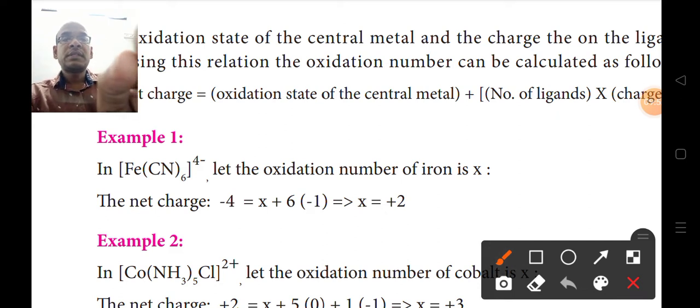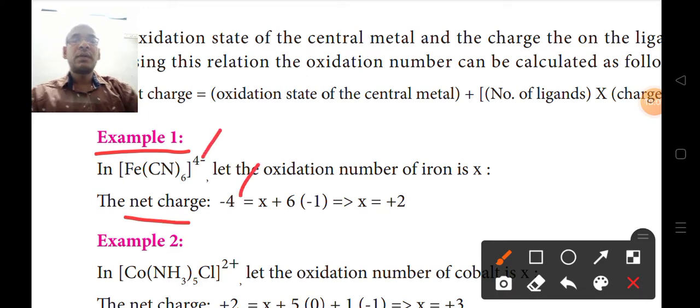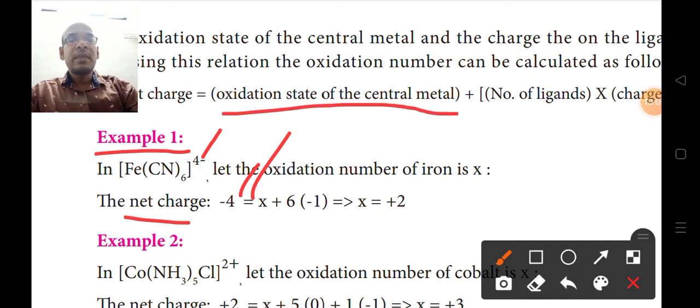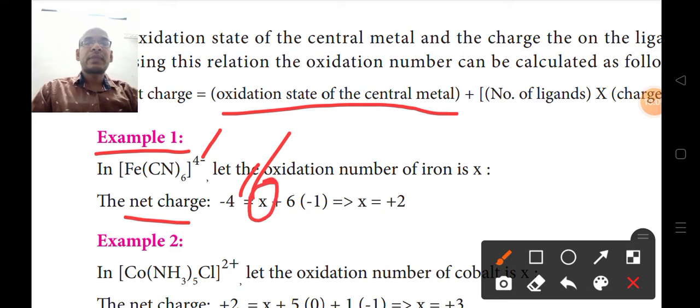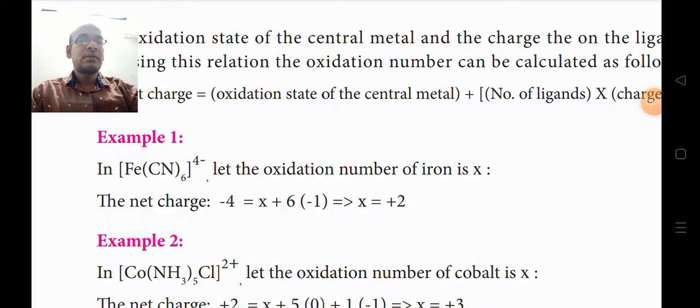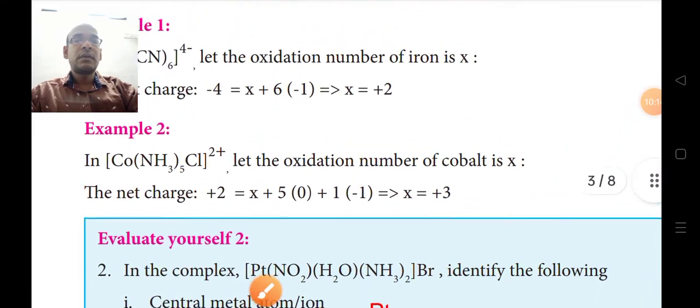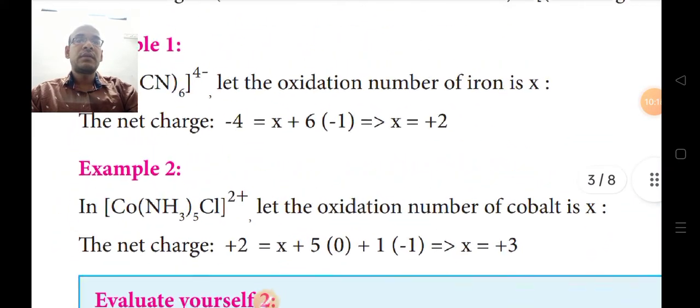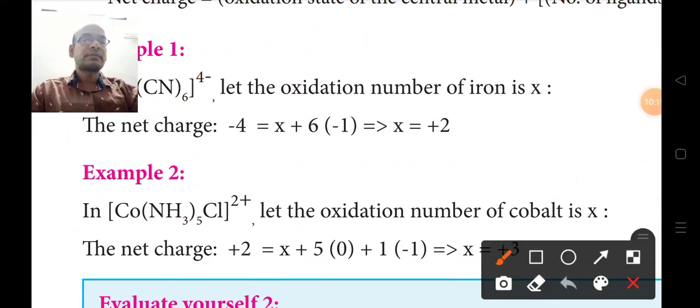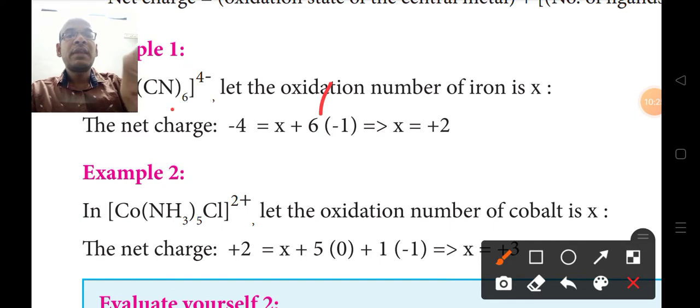First example: net charge of this complex is -4, equal to the oxidation state of the central metal ion taken as X plus, in this example, total number of ligands are 6.